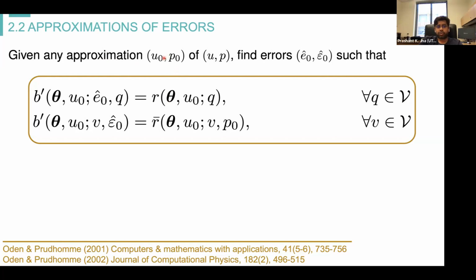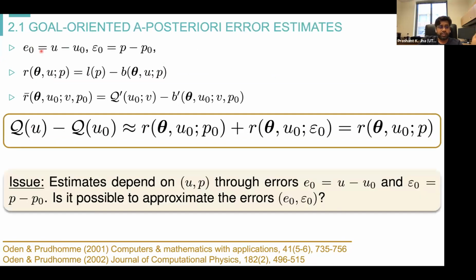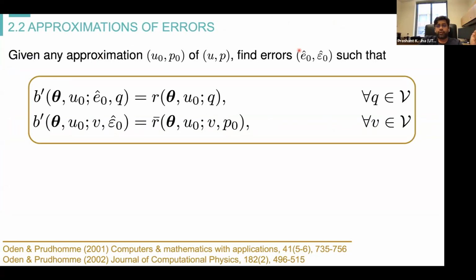Given any approximations U0 and P0 of U and P, where E0 is the error in the forward solution and epsilon 0 is the error in the adjoint solution, we can estimate those errors E0 and epsilon 0 by these estimates E0 hat and epsilon 0 hat by solving these uncoupled linear variational problems.